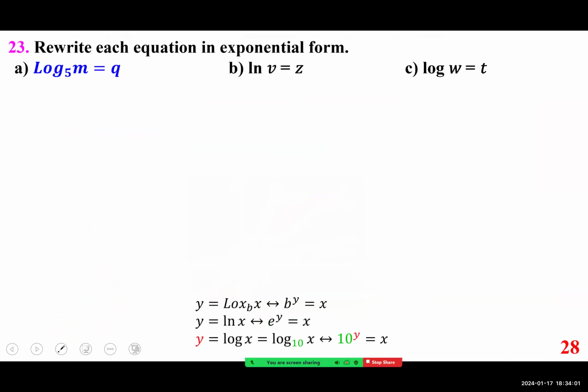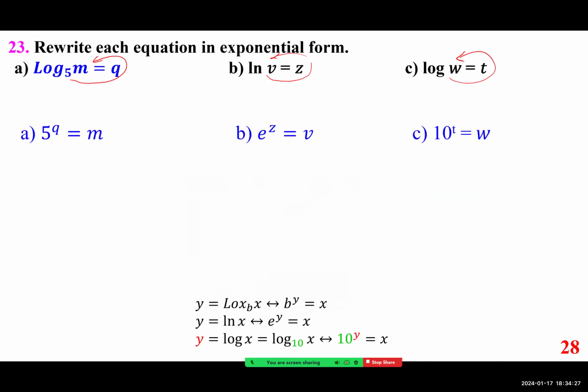So let's quickly see what we get here. Five to the power of q is m, and we don't have anything, but we have ln, that means e to the power of z is v, and when we don't have anything, but we have log, that means 10 to the power of t is w. So it's a very simple case.